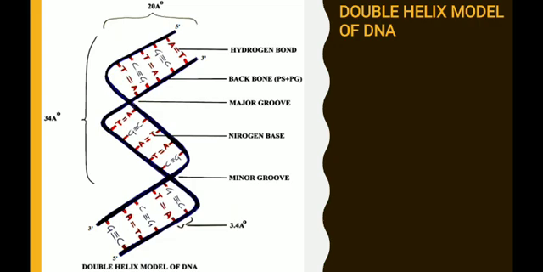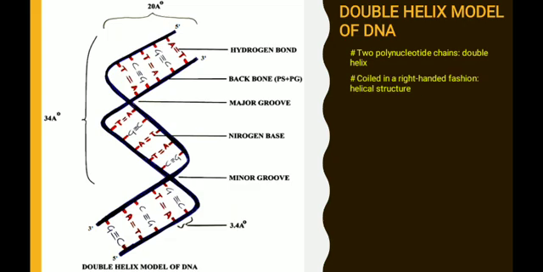Let me explain the structure now. According to the double helix model of DNA proposed by James D. Watson and Francis H.C. Crick, the DNA is made up of two polynucleotide chains, and hence the name double-stranded, and is specifically known as double helix. Then why is it named double helix?